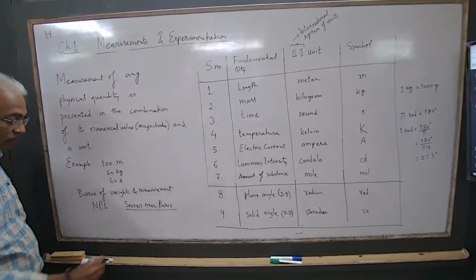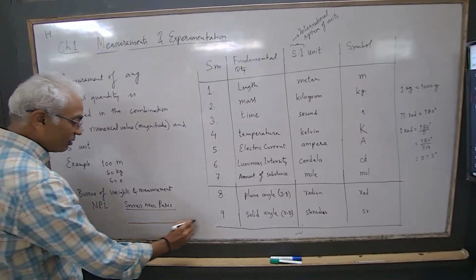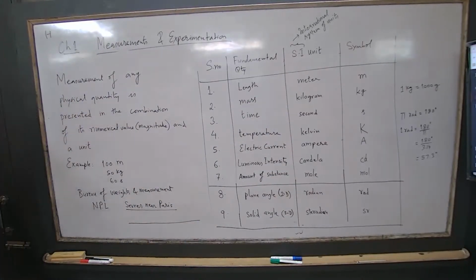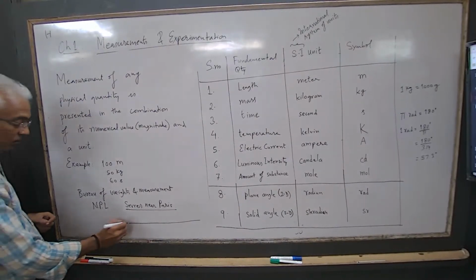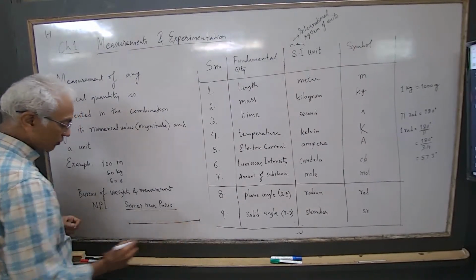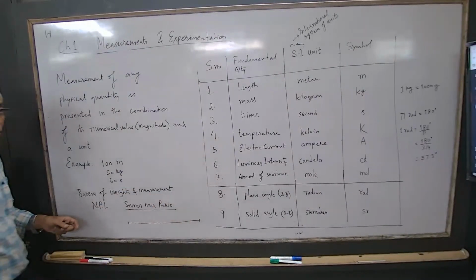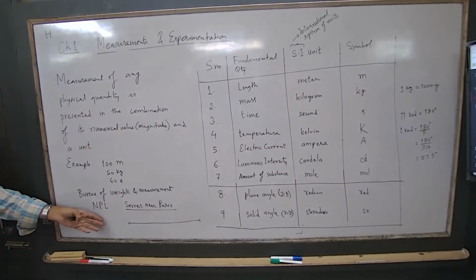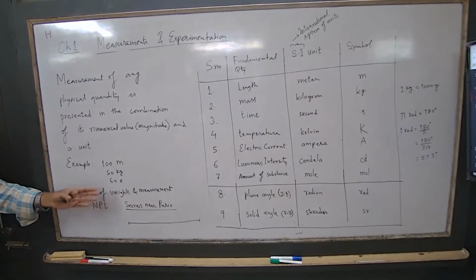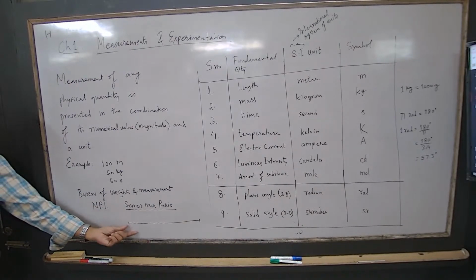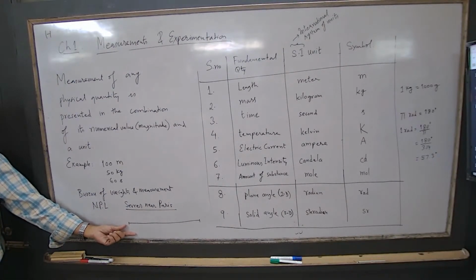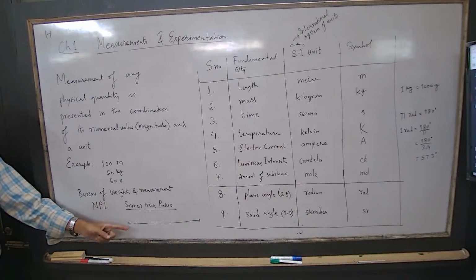At that time there was a platinum iridium rod, an alloy of platinum and iridium, with some markings. That rod was taken as 1 meter, and it was divided into 100 parts. Each part was taken as a centimeter, and the centimeter was divided into 10 parts.